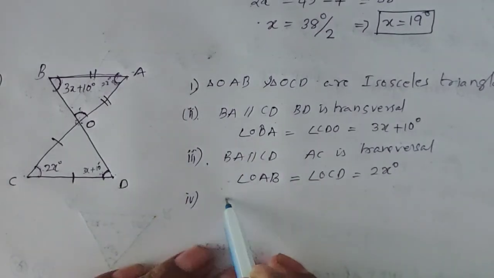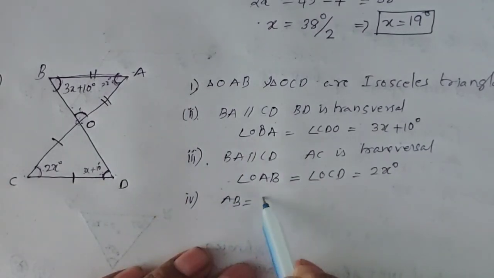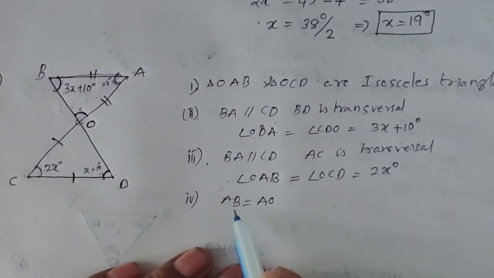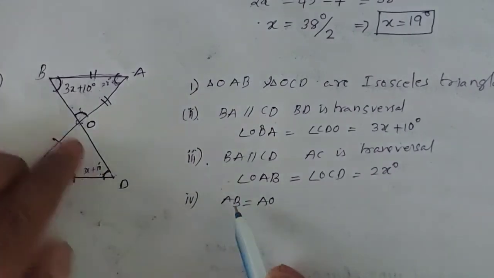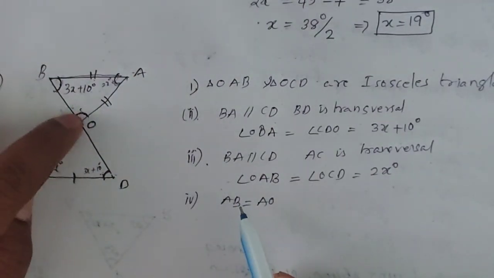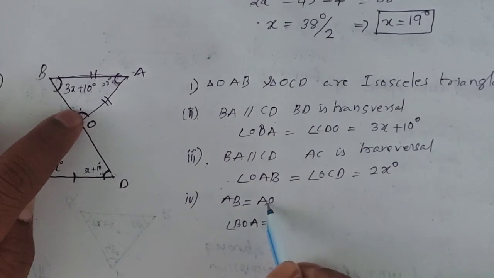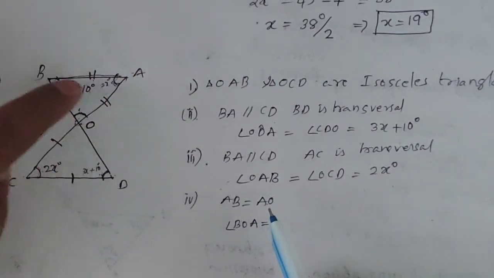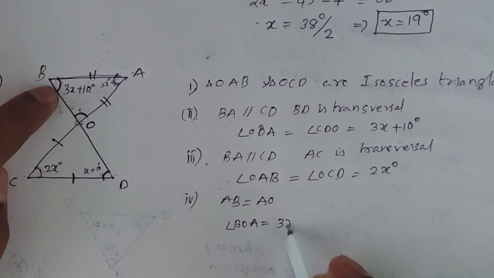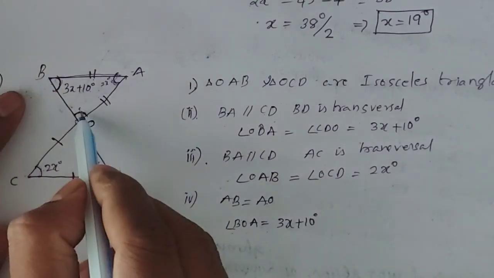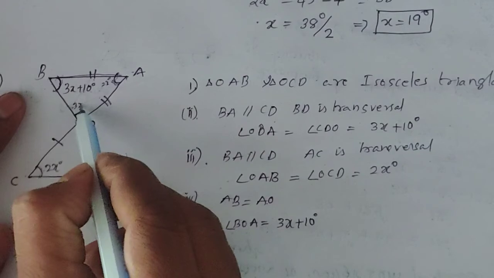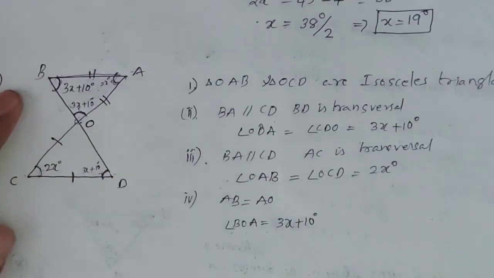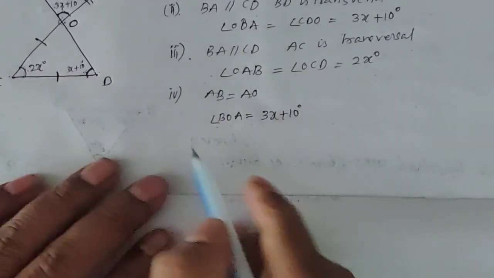Here AB equals AO. That's the reason angle BOA, opposite to AB, is equal to the angle opposite to AO, which is 3x plus 10 degrees. So angle BOA is also equal to 3x plus 10 degrees. That's the fourth point.